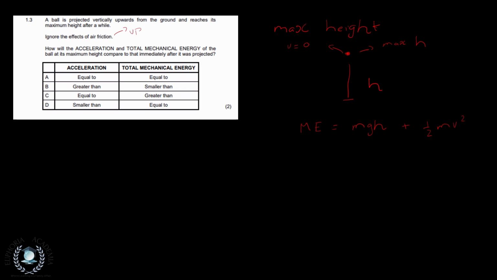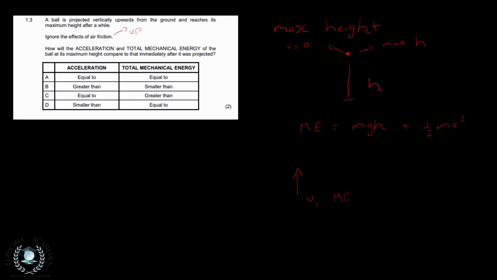Now the velocity will be 0, yes, but because there's no air friction or losses in this case, the energy that the ball will have at being launched will be the mechanical energy.